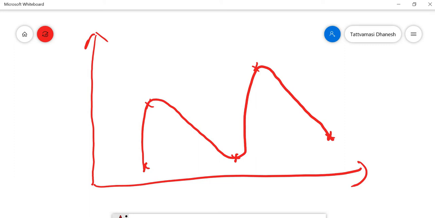Always the curved line is represented by polynomials or second degree or third degree equations. For example, y is equal to x square. This defines a parabola. You know it in math. So when we consider this line, what is the bias here?